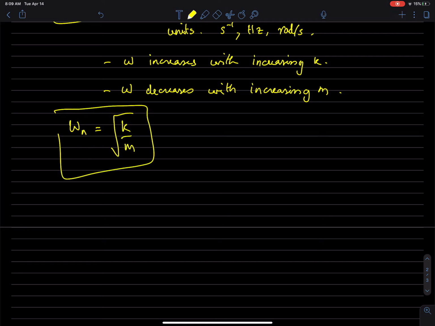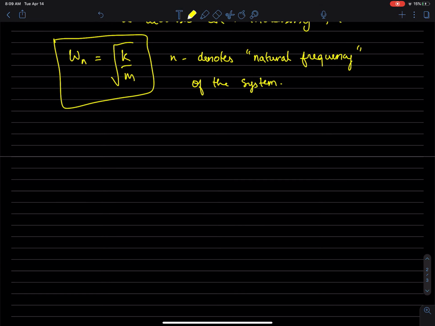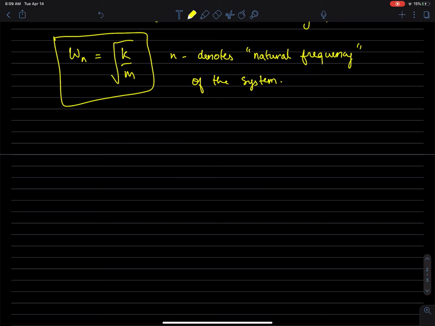The n denotes natural frequency of the system. Okay, sounds good. So we'll talk about omega and how it relates to the exact frequency with which things oscillate in a minute.